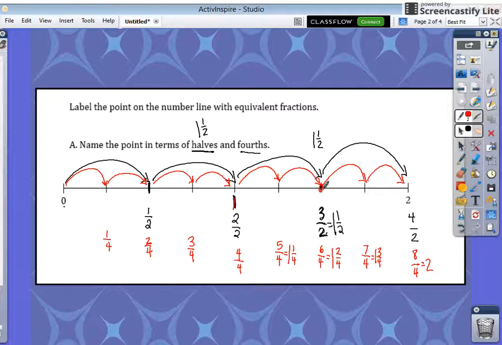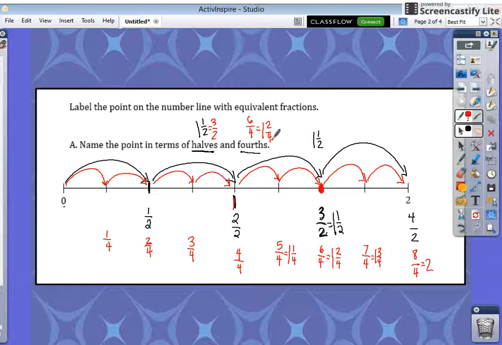So we can see that this point represents 1 1/2, or 3 halves. You can say it either way. And then this point represents fourths by saying 6/4, or 1 2/4. So that's how you find equivalent fractions in both halves and fourths on a number line.